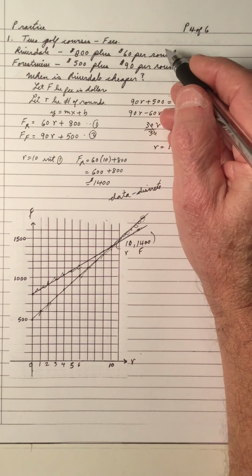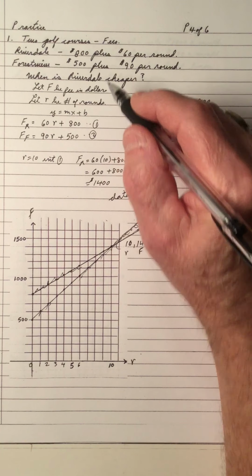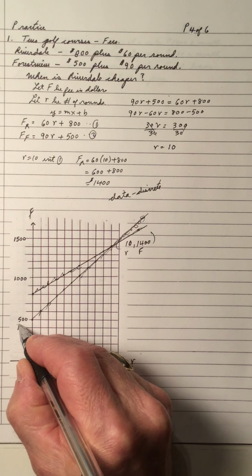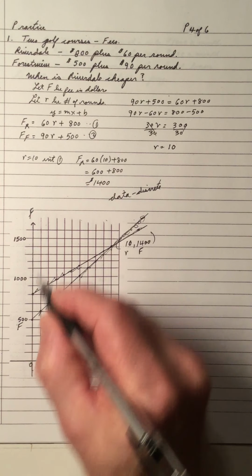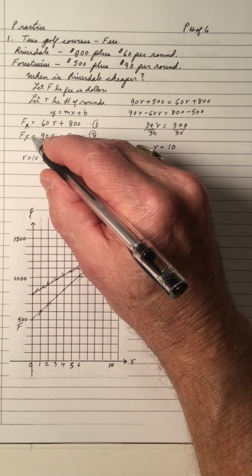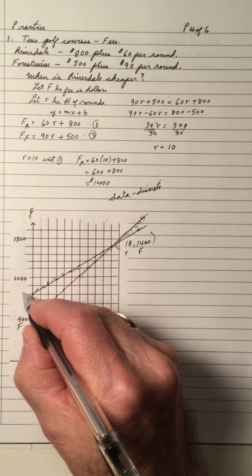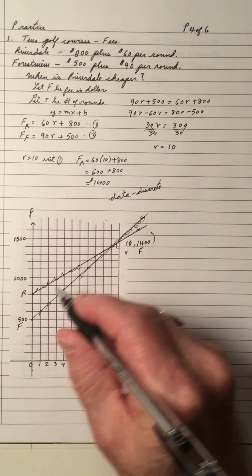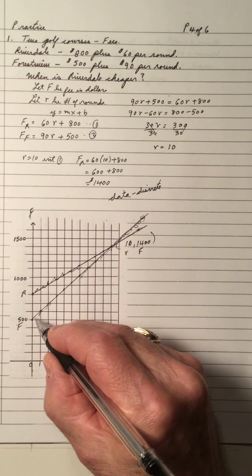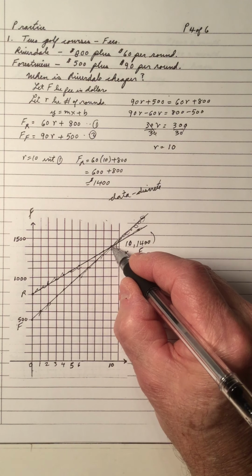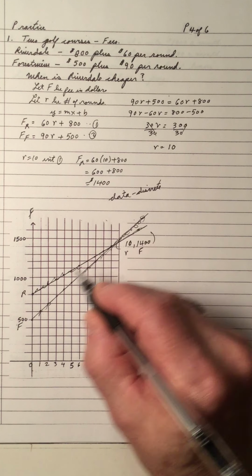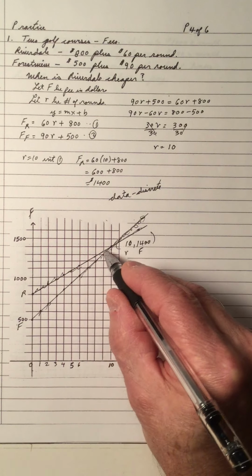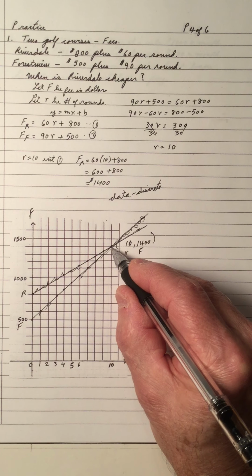In relation to this problem, when is Riverdale cheaper? Now, this is the fee for Forest View, and this is Riverdale right here, R, because Riverdale starts at 100. So Forest View is cheaper from 0 to 10 rounds, and Riverdale is more expensive from 0 to 10 rounds.